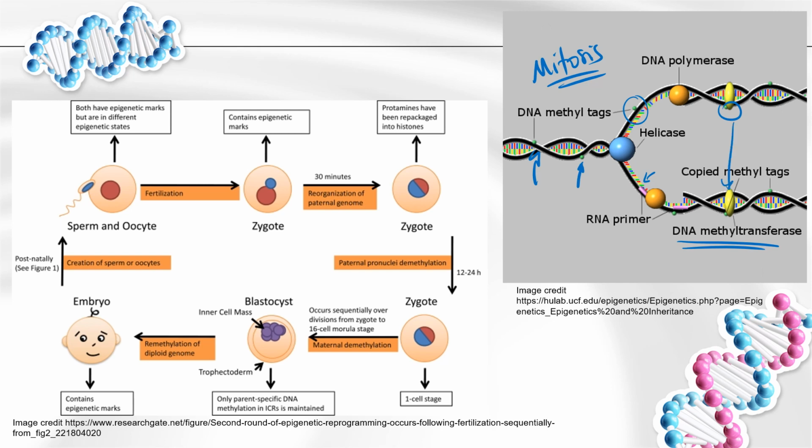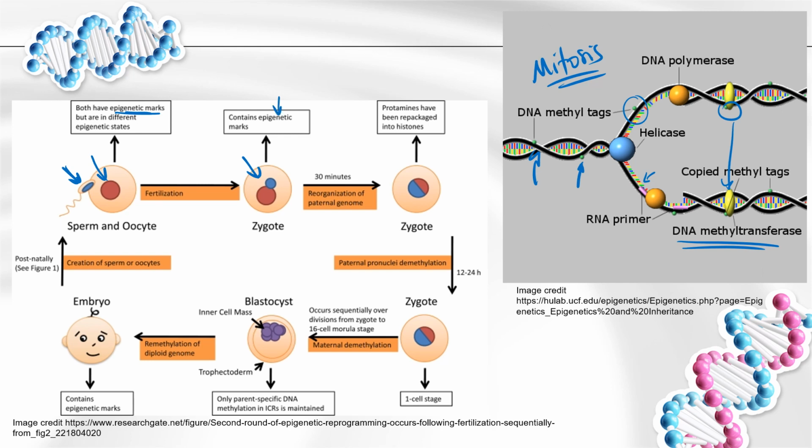This also happens during meiosis, and so the egg and sperm cells will also have their own epigenetic tags, their own methylation and acetylation patterns. And so that first zygote, the fertilized egg cell, is going to have those epigenetic patterns from both parents.